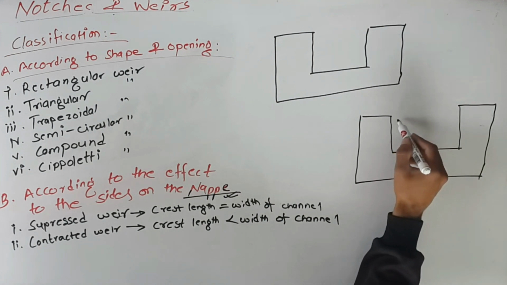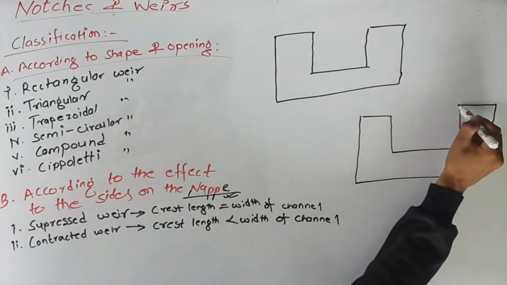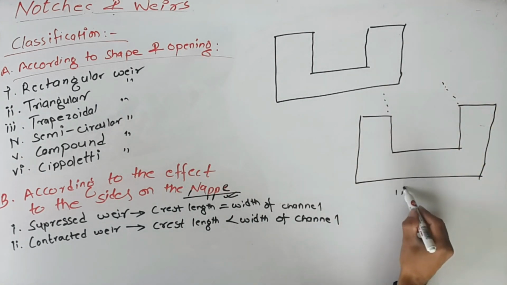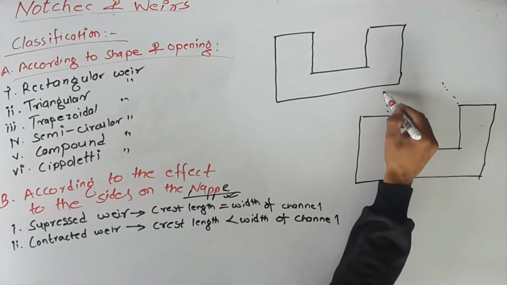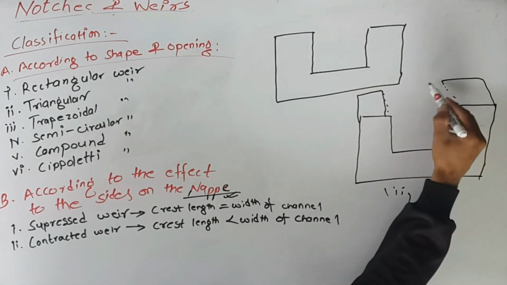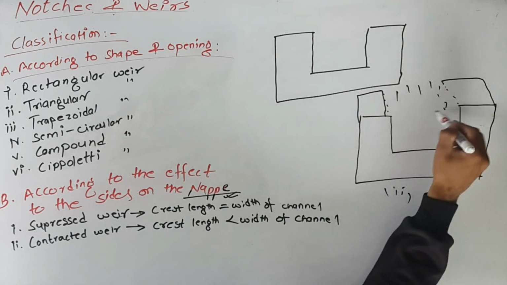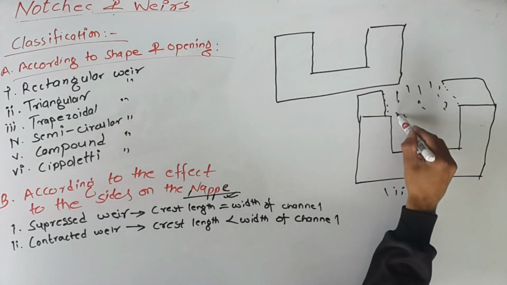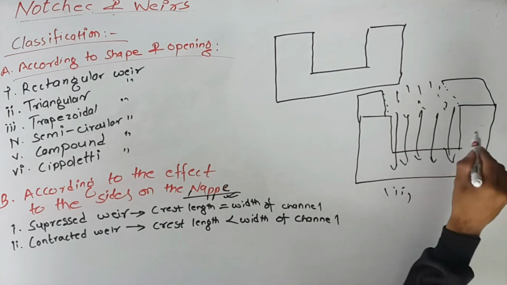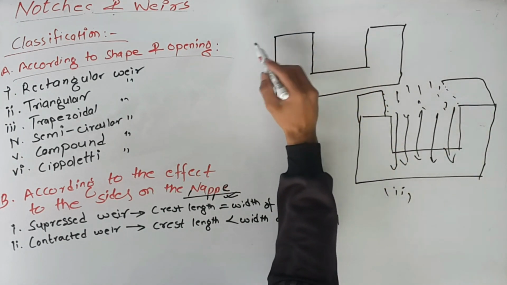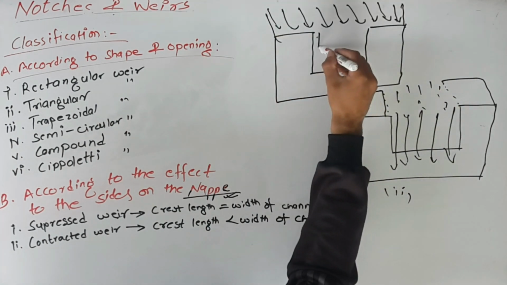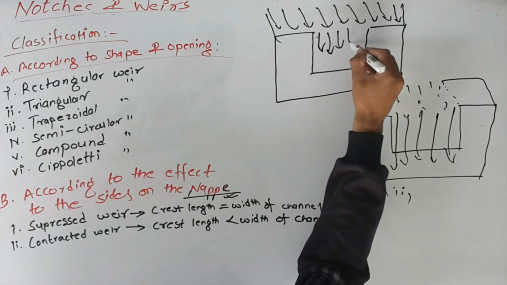Water flows here, and water from above in second figure approaches like this. Here water is approaching to the notch and flows down, and in this case water is approaching from here, and later it flows down the weir.